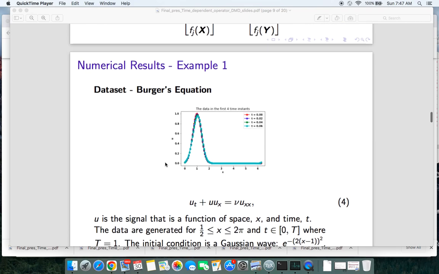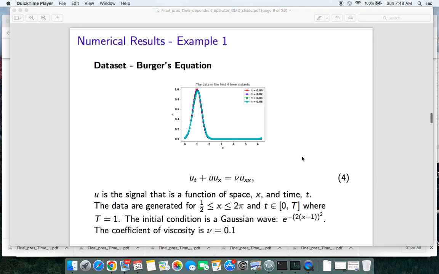This figure shows the signal u across the space at different time instants. So t equals 0, 0.02, 0.04, and 0.06. So the curves do show the behavior of u across space over time.